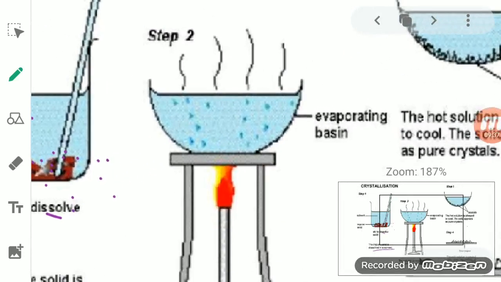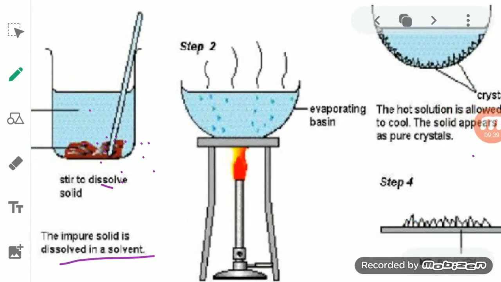Now in the second step, when it has mixed in the solvent, the solution is filtered. At first it is filtered to remove the insoluble impurities. When you mix the impure solid in water, some components will dissolve easily in the solvent, and some components will not dissolve properly, which are almost insoluble impurities.